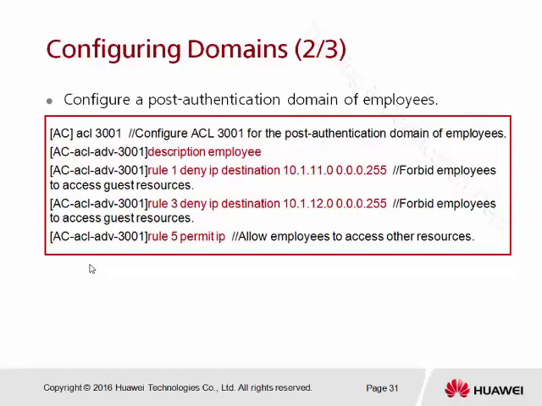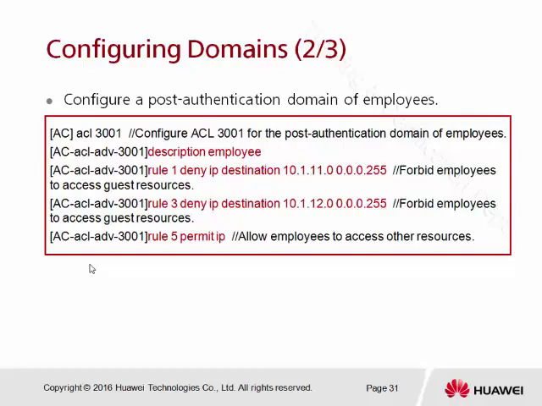When we create these 2 different SSIDs, we know they actually belong to 2 different segments, and you might not want both of them to be able to communicate with each other. That's why we are putting certain rules over here. Rule number 1 denies the IP destination 10.1.11.0, followed by the wildcard bits.